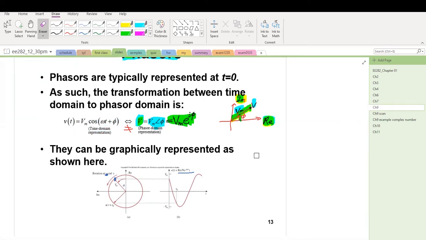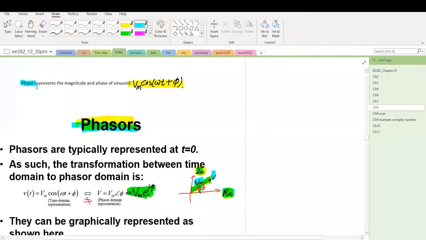To understand phasors better, we can think about our hands. Our hands have two sides, the front side and the back side. We can refer to the front side of our hand as the time domain, and the back of our hand as the phasor domain. Although they're not the same, they both describe our hand. So time domain and phasor domain describe the same thing.